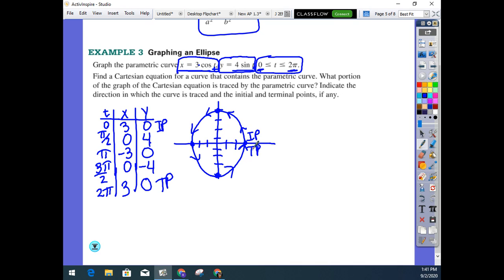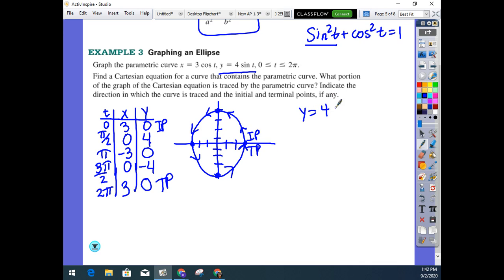All right, so finding our Cartesian equation, we do exactly the same thing. We're dealing with sine and cosine, so I'm using my sine squared plus cosine squared equals 1 as my basic identity. I have to get sine squared out of this. So if we start with y equals 4 sine t, divide by 4, square both sides.